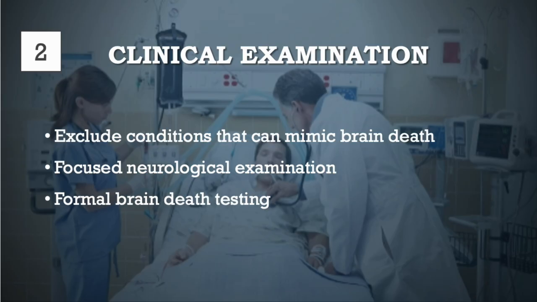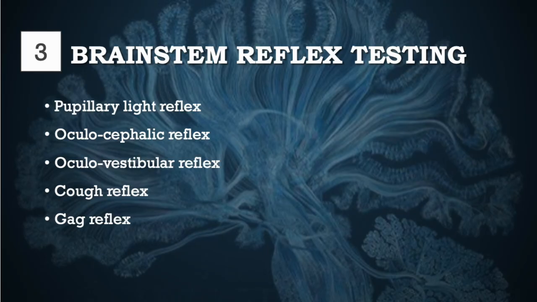Your clinical examination is done to exclude conditions that can mimic brain death. It's a focused neurological examination, and then you proceed with formal testing. When we proceed to brainstem reflex testing, we will be looking at the pupillary response to light, oculocephalic reflex, oculovestibular reflex, cough reflex, as well as the swallowing reflex.